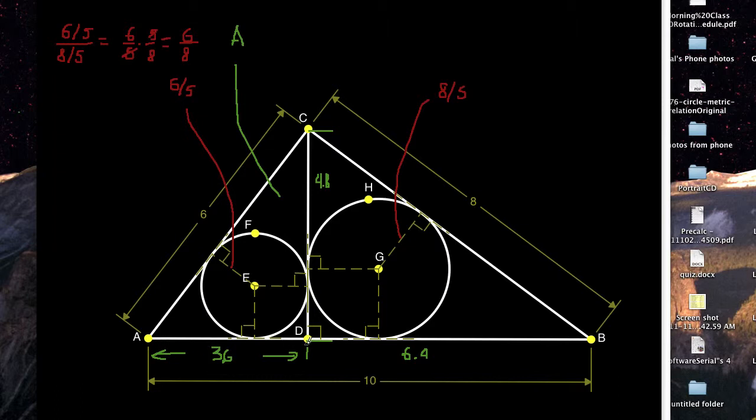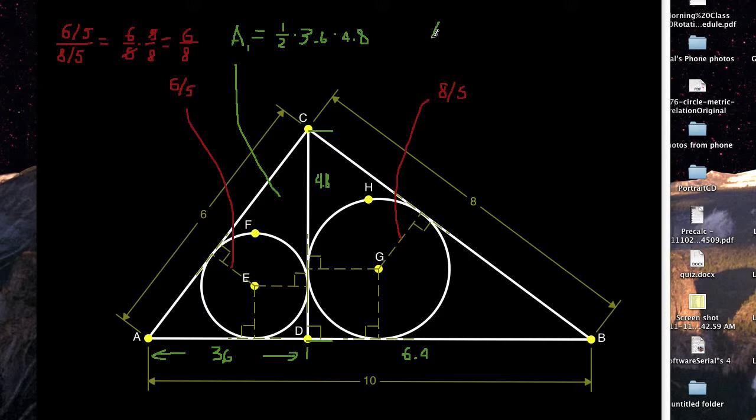So the area of this triangle is 1/2 times 3.6 times 4.8. Let's call that area 1.